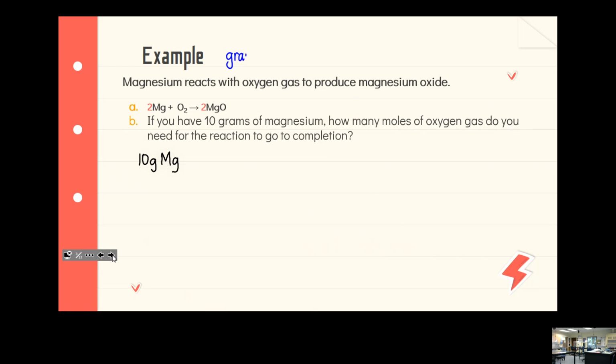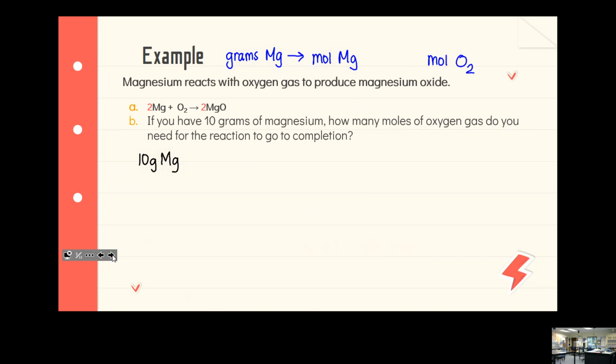So we're in grams of magnesium, right? Remember with stoichiometry, special hint, if you're given grams of something, you're going to have to convert to moles. So I know I'm going to need moles of magnesium. And my end goal, I want to get all the way to moles of oxygen gas.